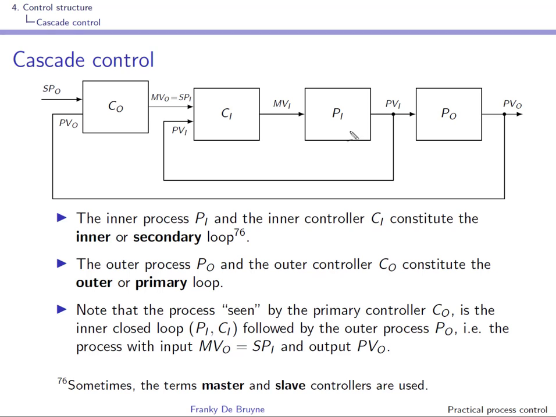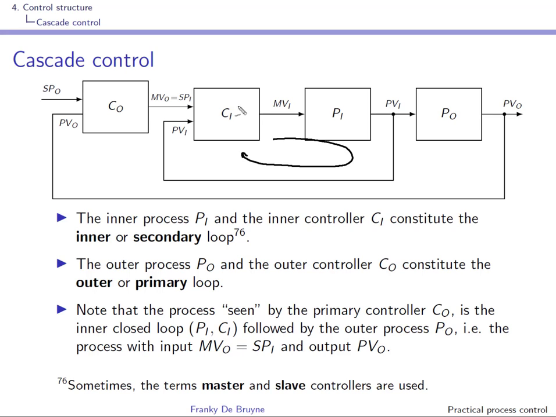The inner process is the relation from valve position to fuel flow, and the outer process is the relation from fuel flow to temperature. But this is how you can depict a cascade control in general. Here you can see the inner loop, right, with the inner process and the inner controller.